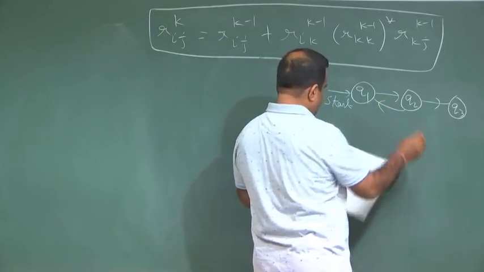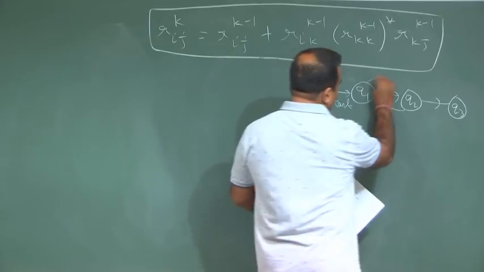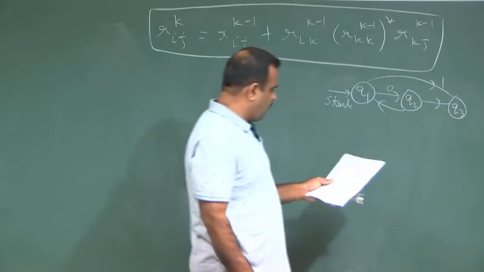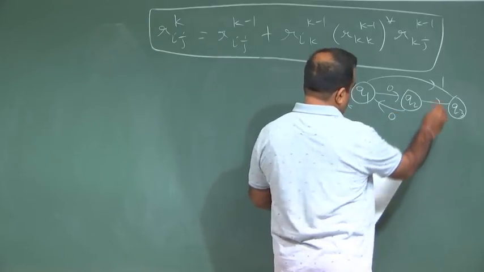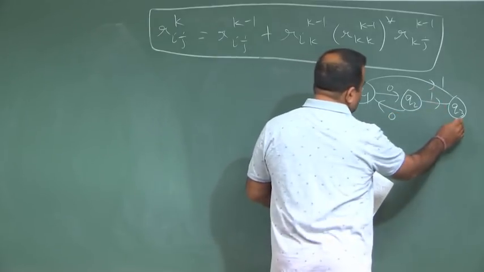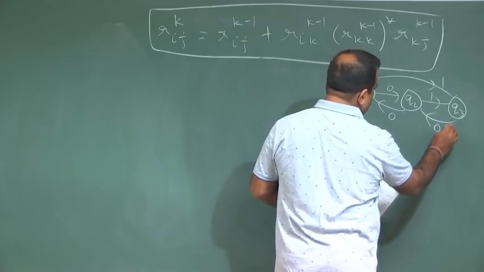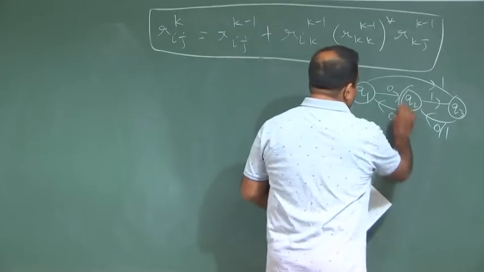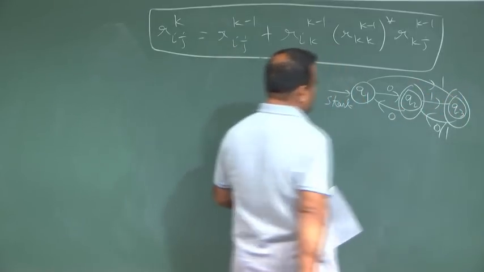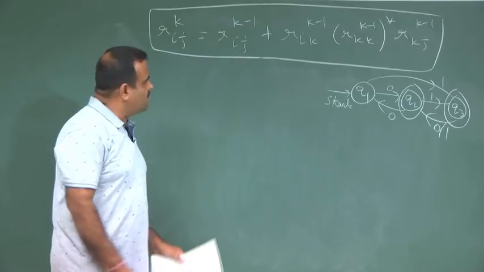With 0 we go here, with 1 we go here, and with 1 we go here, with 0 we go here, and with 0 or 1 both we come here, and these two are the final states of this DFA. So, this is the given DFA.